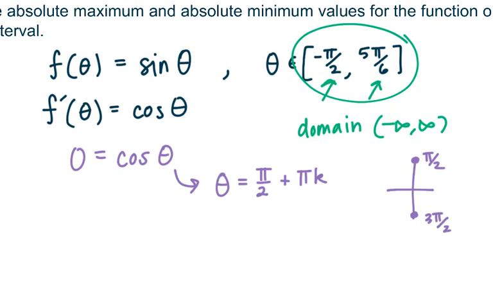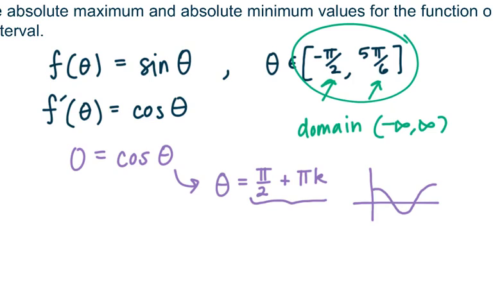Okay? So there are infinite values, but we only care about the values that exist between negative pi over 2 and 5 pi over 6, because that's our given domain. So I've written this in a way that illustrates the infinite places where my cosine graph touches 0, but we are only interested in the two spots between negative pi over 2 and 5 pi over 6 where it may touch 0.